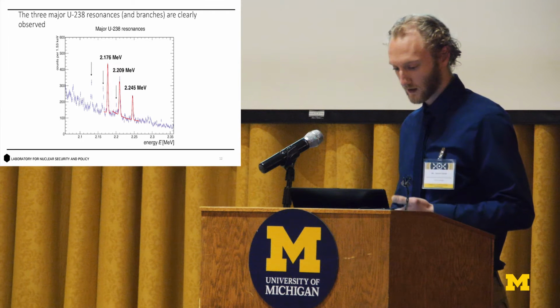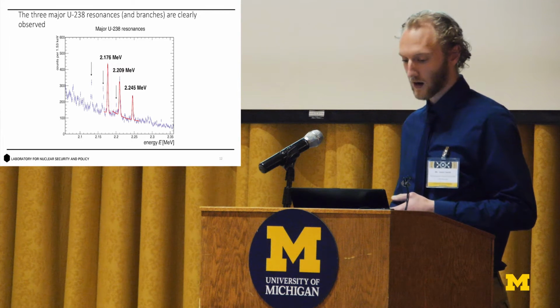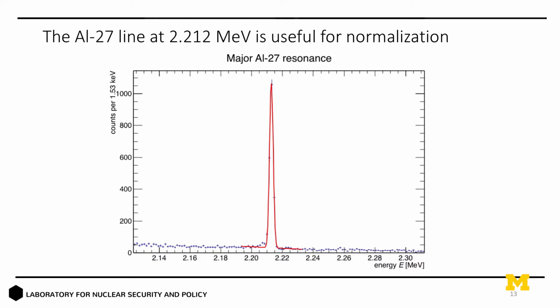So we see the uranium lines, but we also took data for aluminum-27, which is very useful for normalization. The energy here is at 2.212 MeV, which is very close in energy to the depleted uranium lines. And this allows us to make relative measurements, which I'll show later, to attempt to cancel out some of the systematic uncertainties in the measurement.